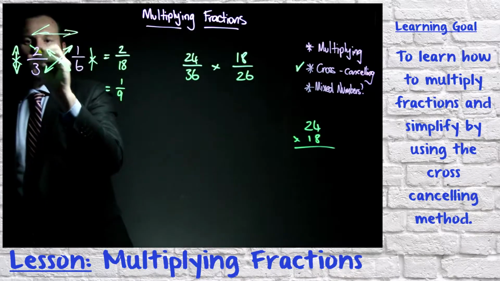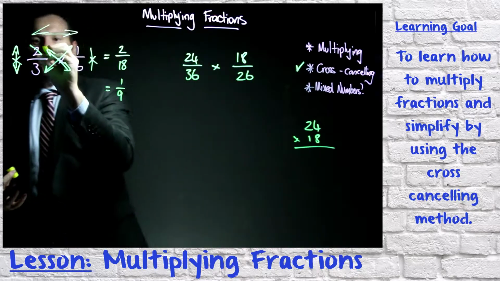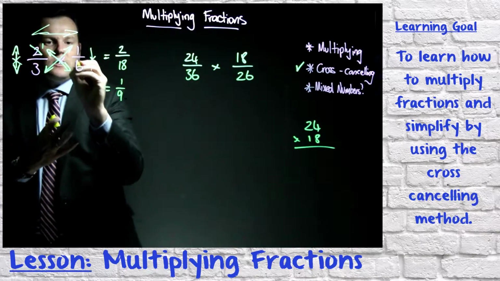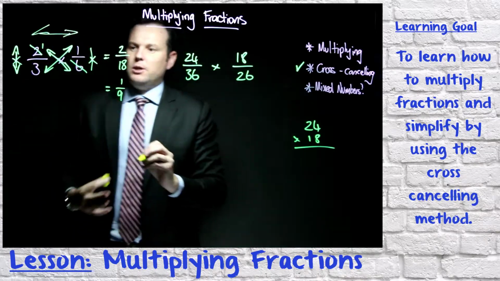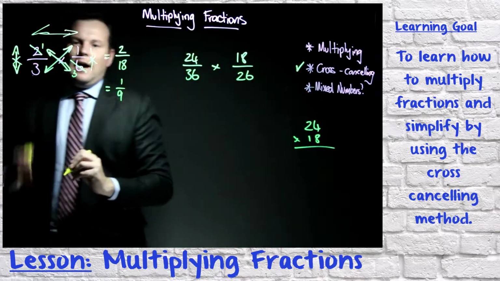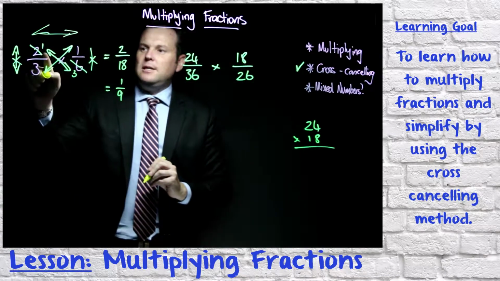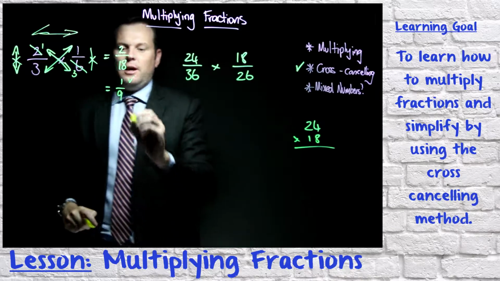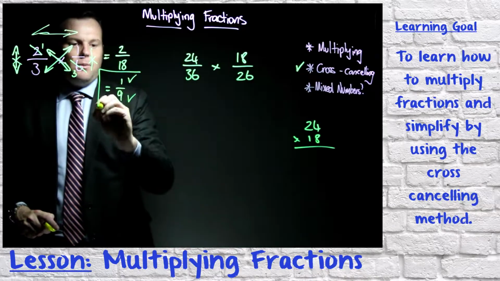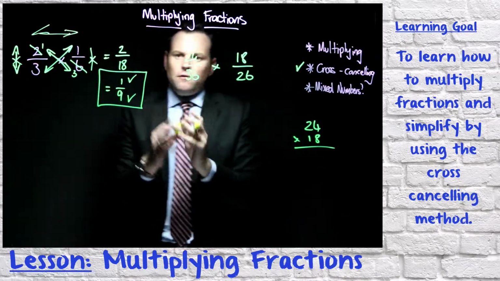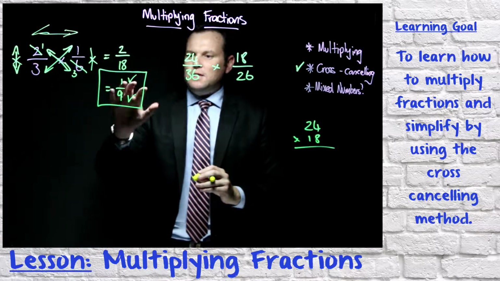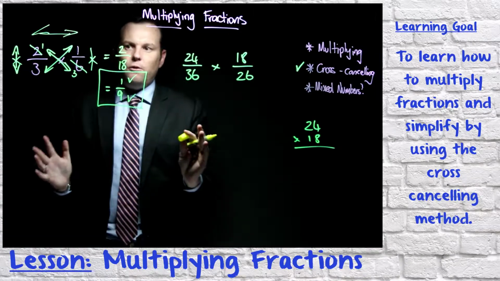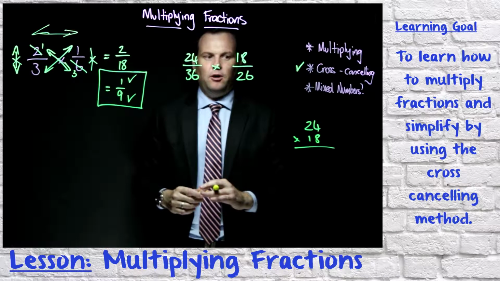So we cross that out and do 2 divided by 2, which leaves me with 1. Then we cross 6 out and do 6 divided by 2, which leaves me with 3. That makes our multiplication really easy because we do 1 times 1, which gives me 1, and then 3 times 3, which gives me 9, and there's my answer. The benefit of cross-cancelling is that your simplifying at the end will be done for you. You won't have to simplify at the end.